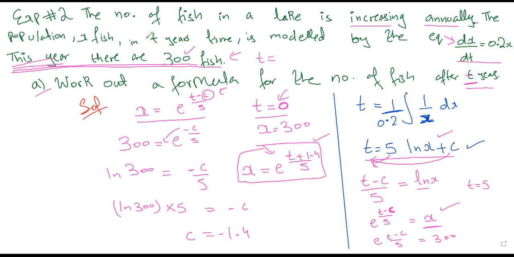But I still don't get why is that? Why after a certain amount of time the number of fish cannot be calculated? Okay. All right, I'll tell you.